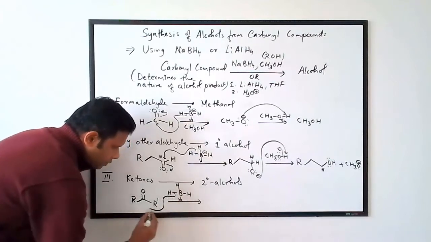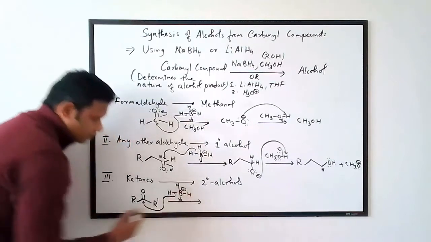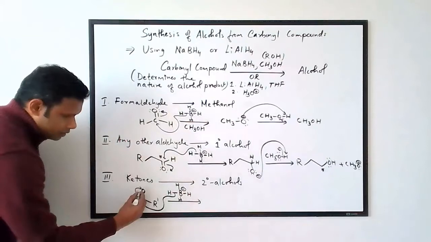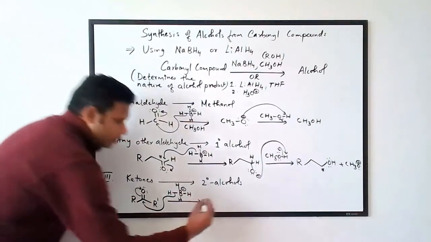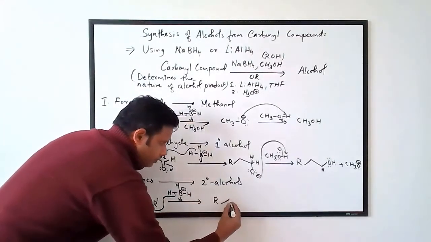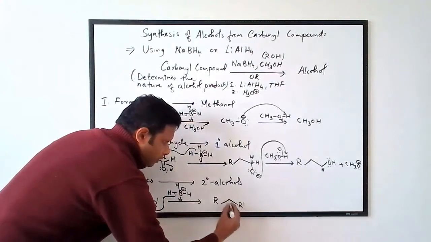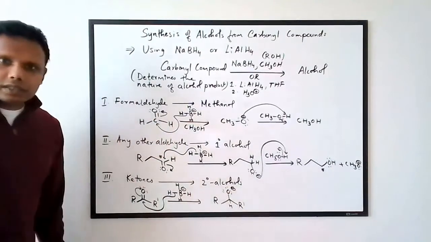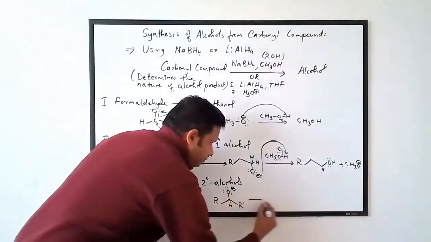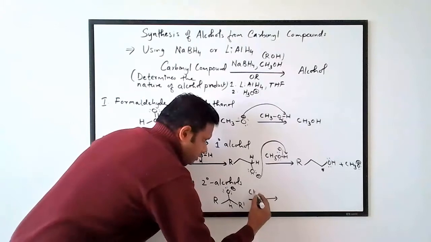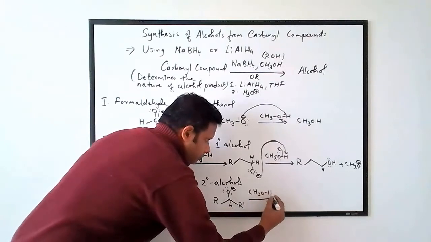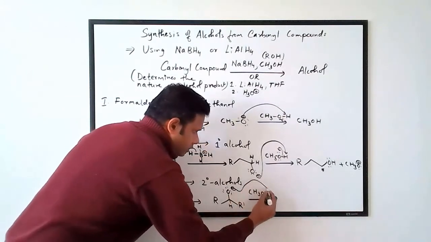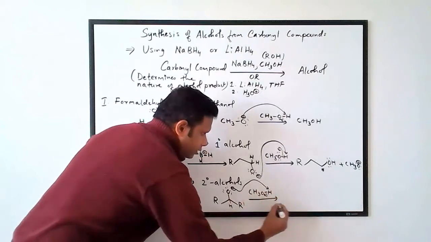okay, the hydride comes and attacks. There's a negative charge over there. This double bond goes up. R prime. There's hydrogen over there. There's the alkoxide. And then in the next mechanistic step, this can go deprotonate.